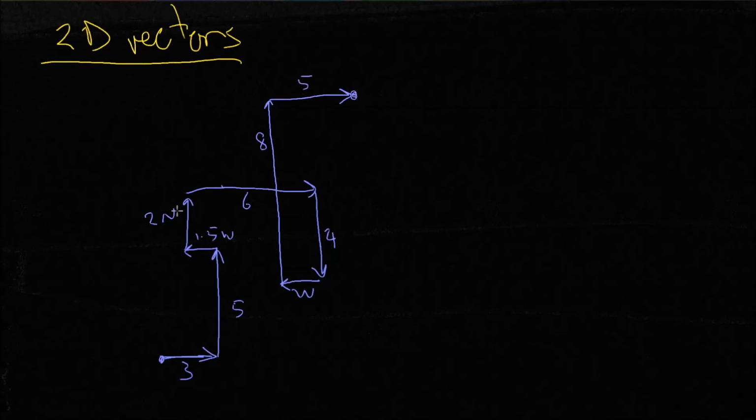Now this looks like a very complex path, and it might seem a bit difficult to find your final displacement vector. Remember, that's what it is we're trying to find. Your final displacement vector r, the resultant.